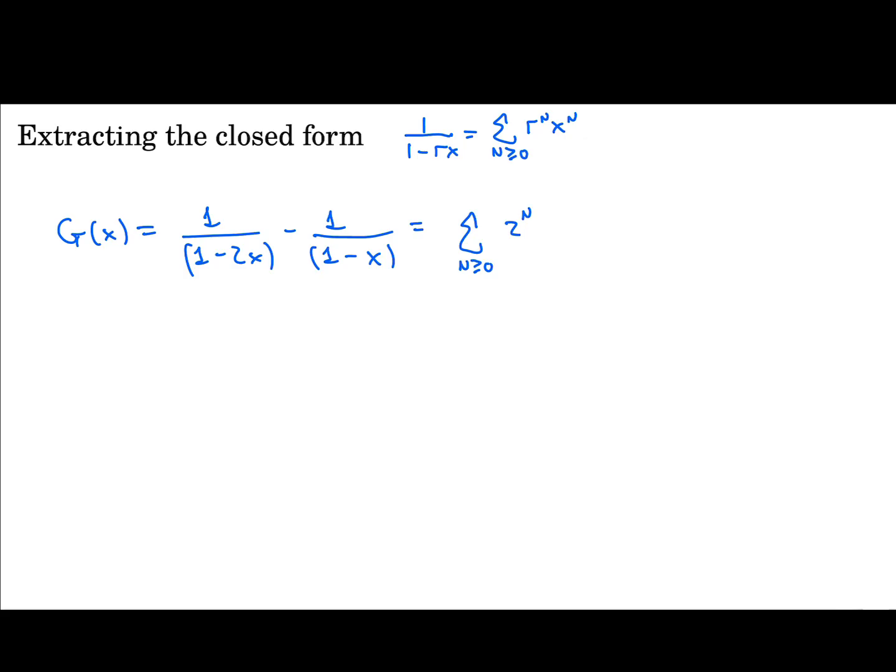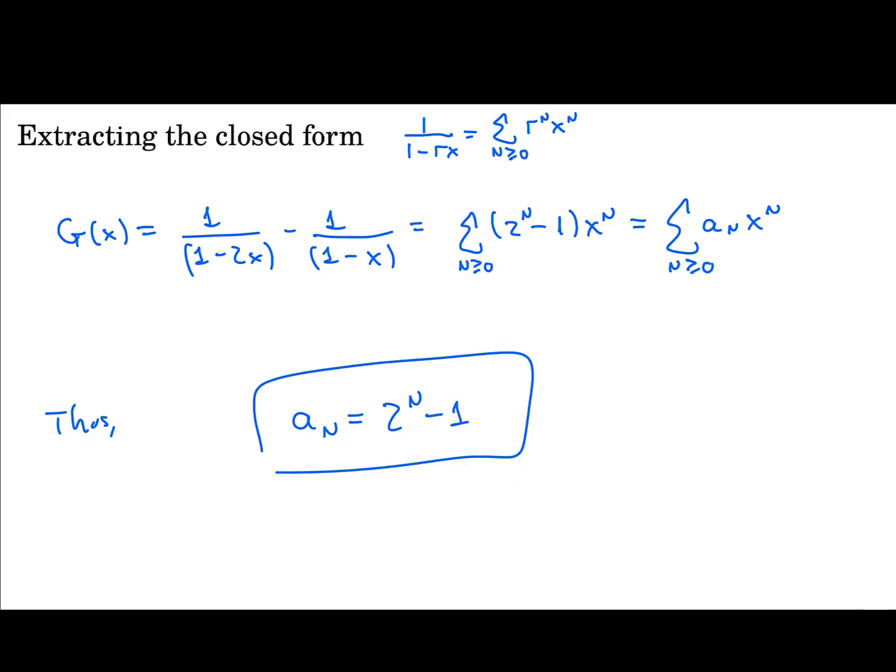The second one has r equal to 1, so this is just 1 to the n, which is just 1, times x to the n. And remember, the generating function was the summation of a_n x to the n. Thus our sequence a_n has the closed form 2 to the n minus 1.